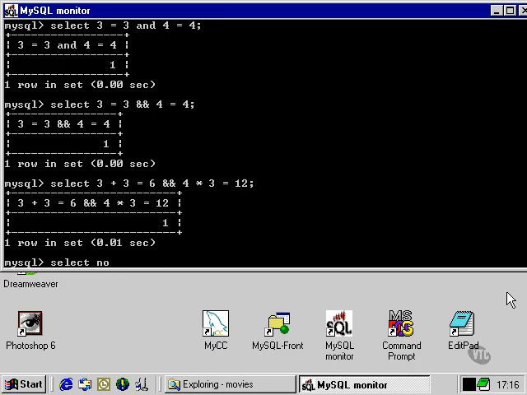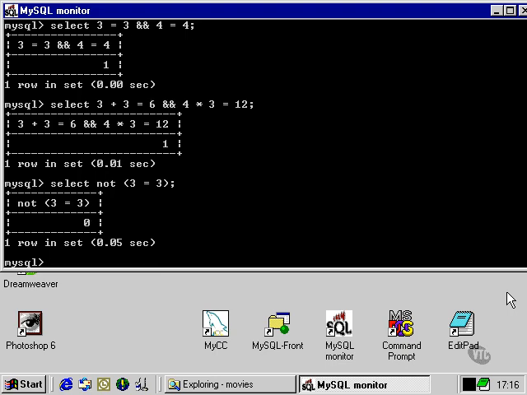And we should put brackets around the expression to make sure that MySQL knows that what we are saying should be reversed is not the value returned by the number 3, but the expression that immediately follows it. So although 3 is equal to 3, because we've used a not, the Boolean value true that is returned by the expression 3 equals 3 is reversed, and so we get a false value.